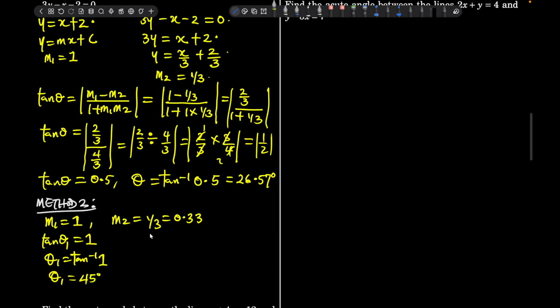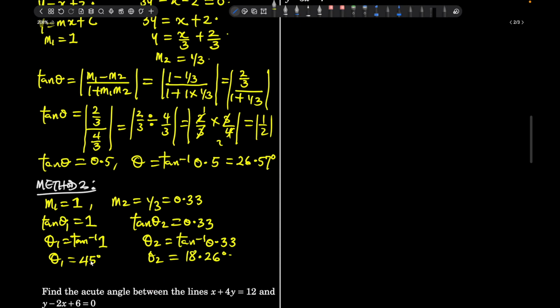For the second one, the same thing. Tan theta 2 is equal to 0.33. So theta 2 is equal to arctan 0.33. Let me do that on my calculator. Arctan 0.33 is equal to 18.26 degrees.